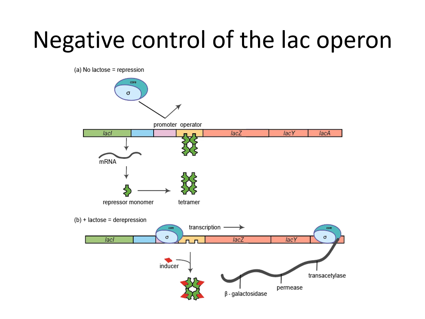In panel B, in the presence of lactose, there is derepression. The inducer binds to the repressor and the repressor changes conformation. Therefore, the repressor cannot bind to the operator, so RNA polymerase can bind to the promoter and initiate transcription. So this is an example of negative control.